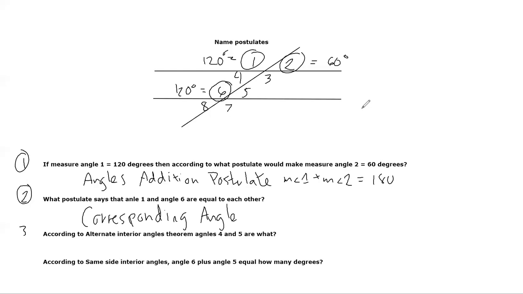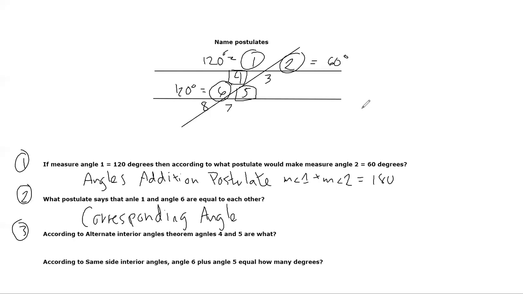Okay, let's look at measure angle 3. According to alternate interior angles theorem, angles 4 and 5 are what? Well, alternate interior. We're looking at 4, we're looking at 5. I don't know what 4 and 5 is. Well, I mean, I do know. I can figure it out. But that's not what they're asking. They're not asking what angle it is.